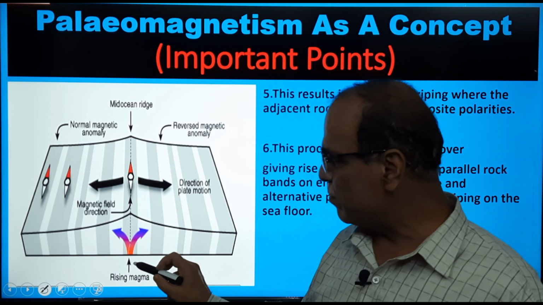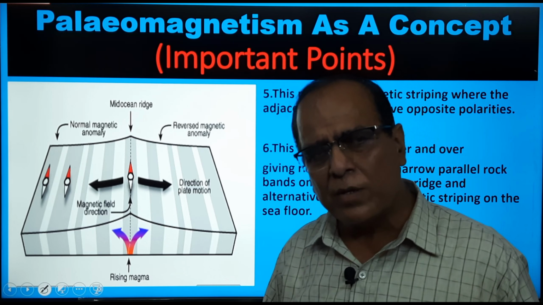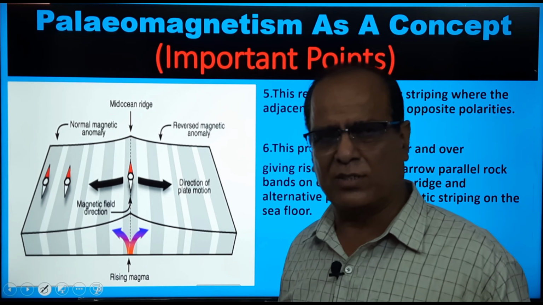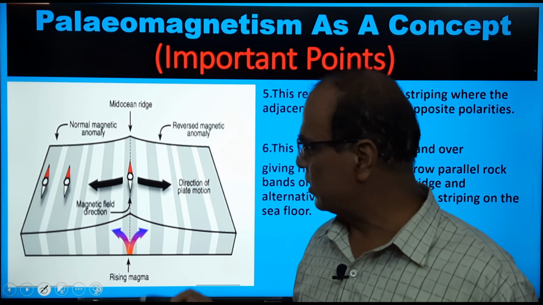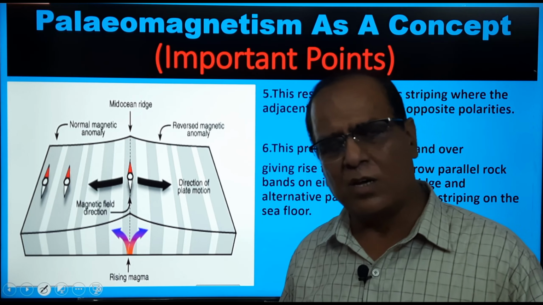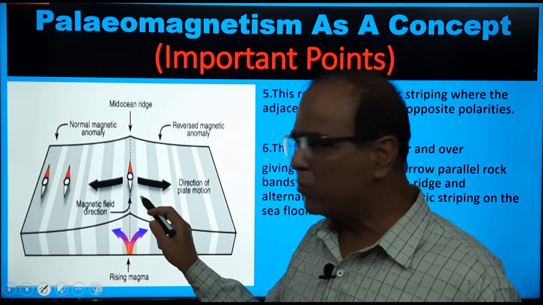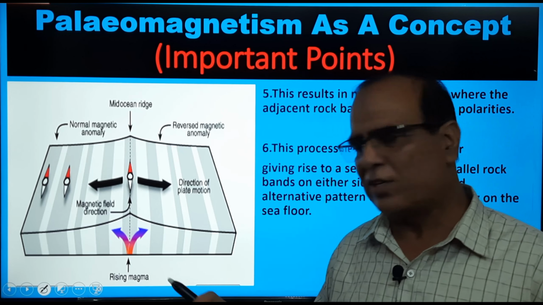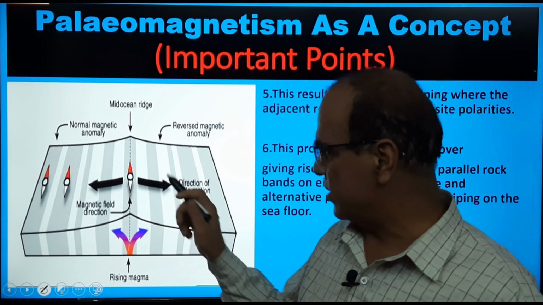Basically, the moment magmas get upwelled, they get solidified onto the floor of the ocean. At that point in time, the iron-containing minerals capture these properties, the normal as well as reversal magnetic polarities, and then from there they keep on spreading both ways, sideways, towards the right hand side and also the left hand side. So this is the entire thing out here.